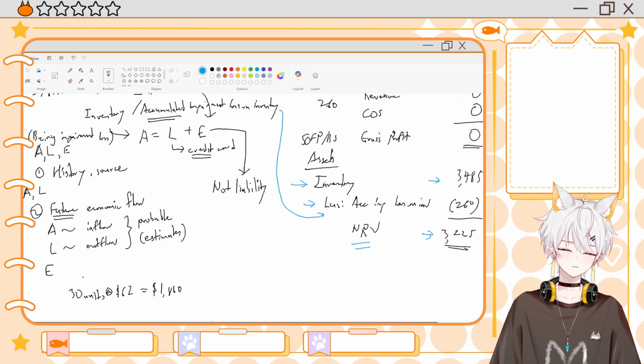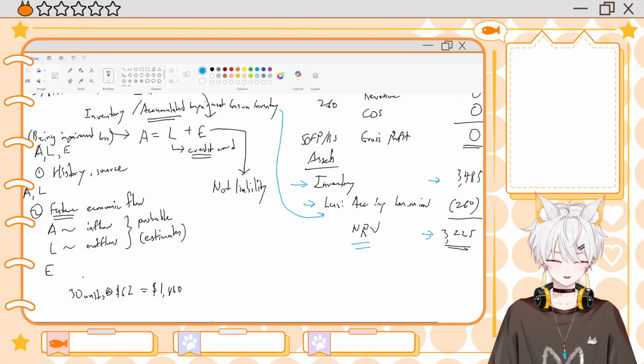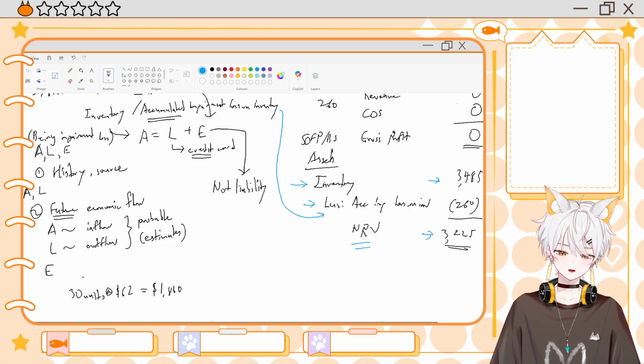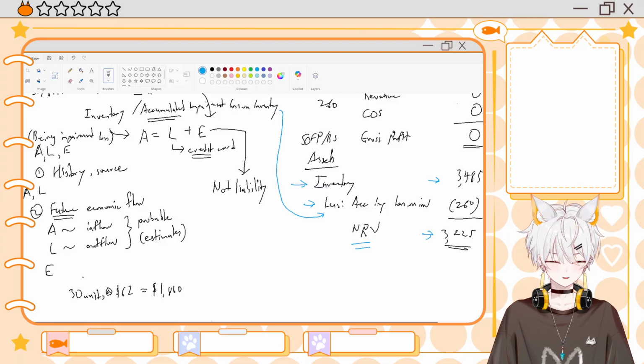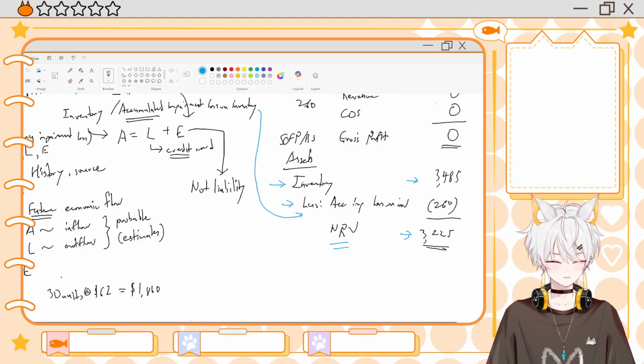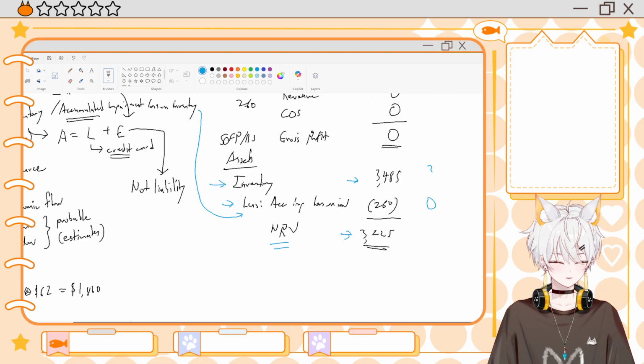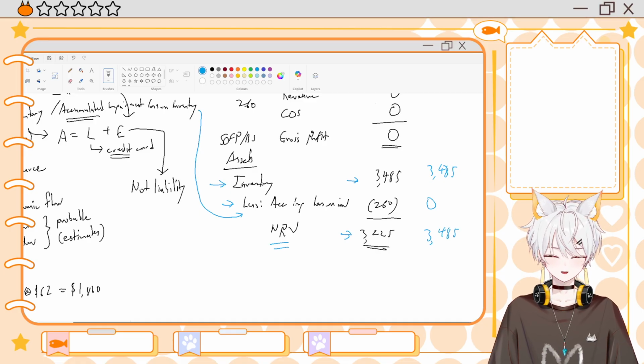So this fits the definition of how you do costing for inventory: the lower of your net realizable value or cost. If you have no impairment, if your impairment loss is 0, your net realizable value would just be 3485.